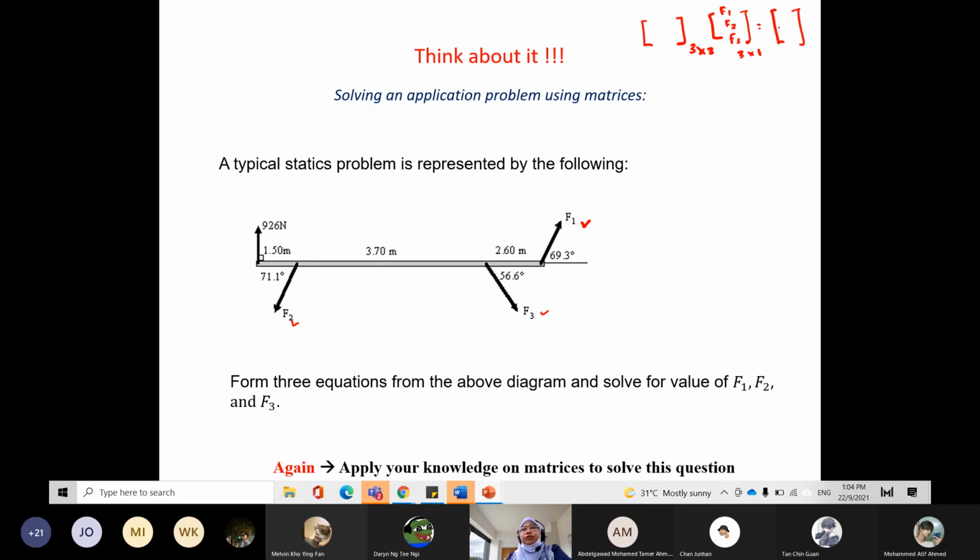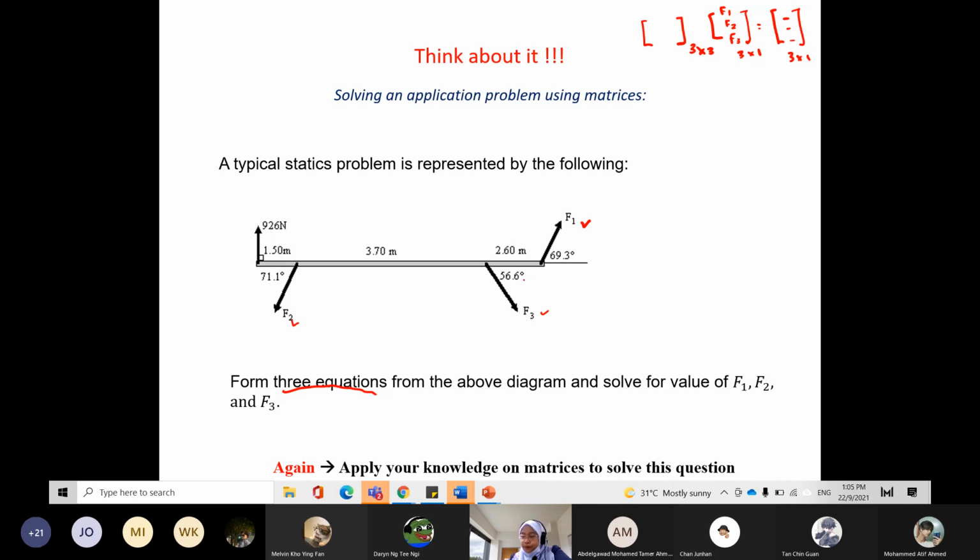So the answer is also 3 by 1. From here, try to form three equations so that you can shift into matrix form.